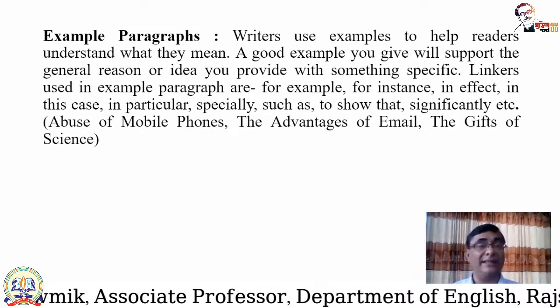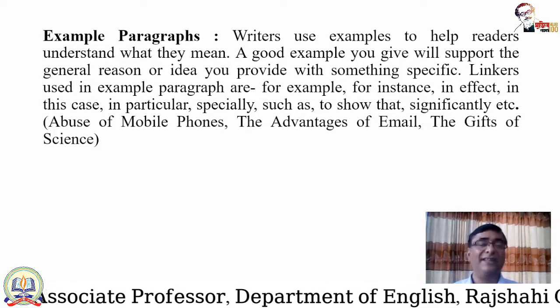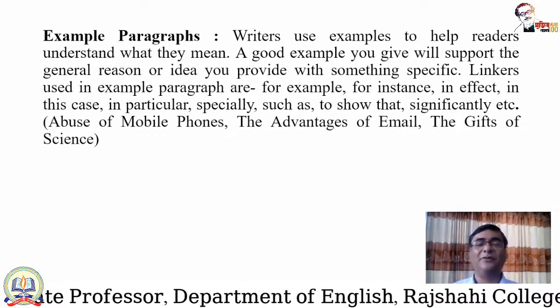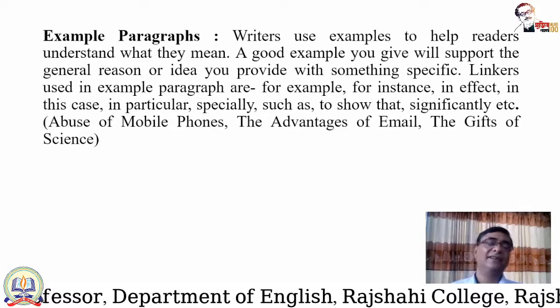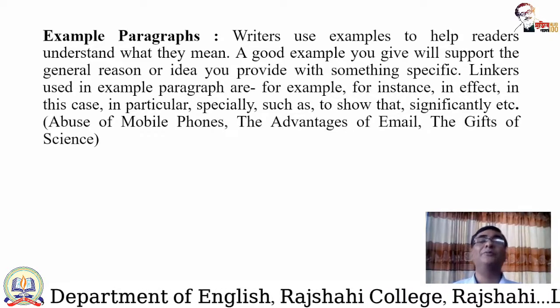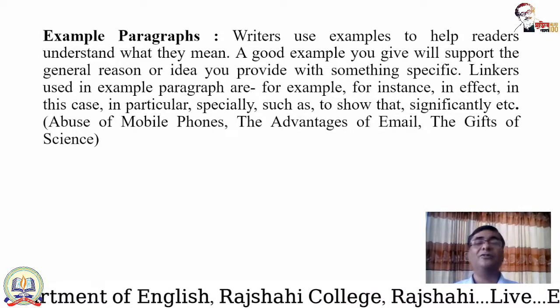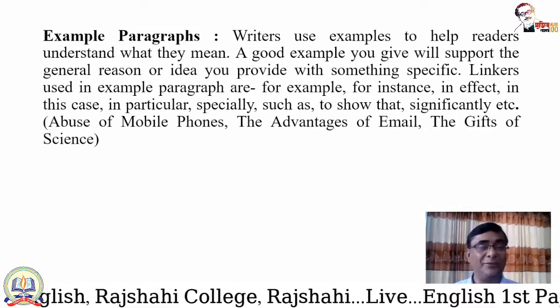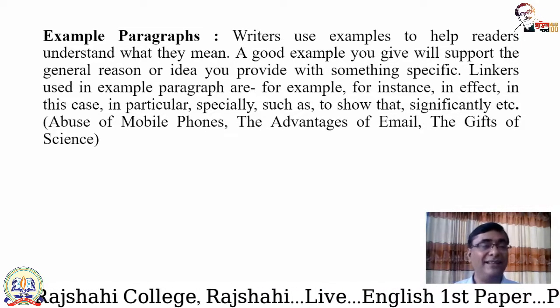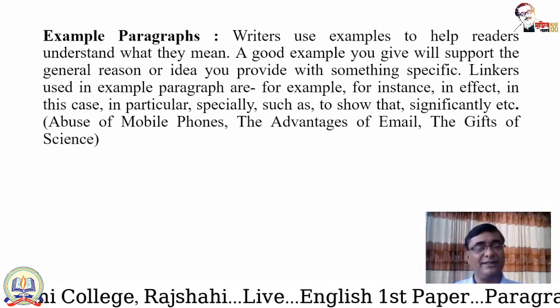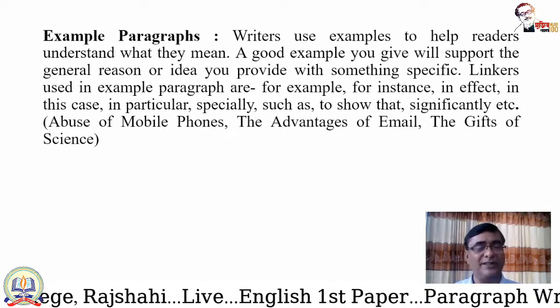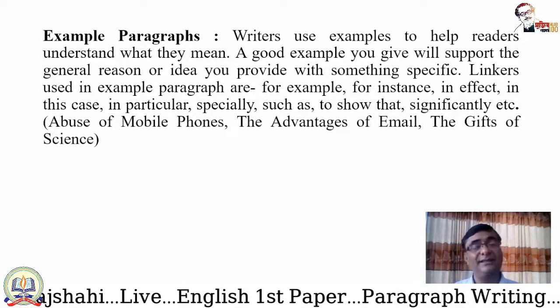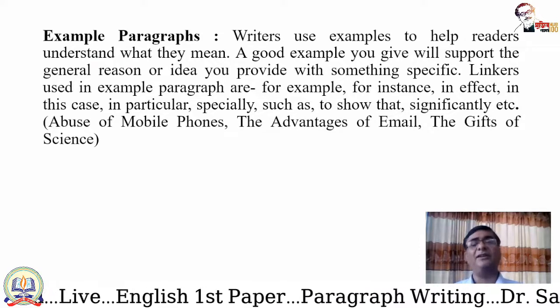So this is not a list. This is rather an example. For instance, the people who used to read books earlier are now spending time on cell phones. So this is an example, not simply making a list. Obviously there is a similarity between example paragraphs and listing paragraphs, but still there is a subtle difference.